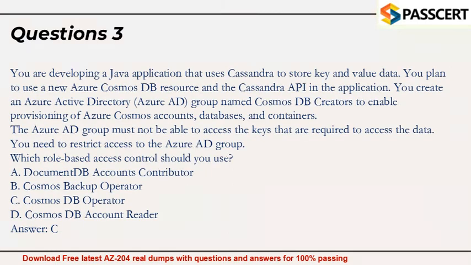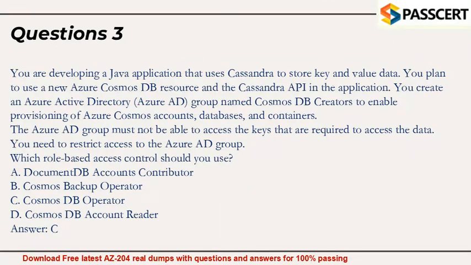Question 3. You are developing a Java application that uses Cassandra to store key and value data. You plan to use a new Azure Cosmos DB resource and the Cassandra API in the application. You create an Azure Active Directory, Azure AD, group named Cosmos DB Creators to enable provisioning of Azure Cosmos accounts, databases, and containers.